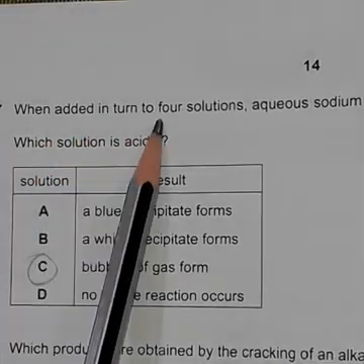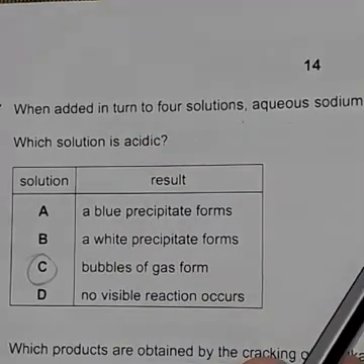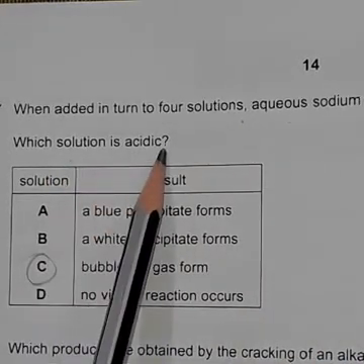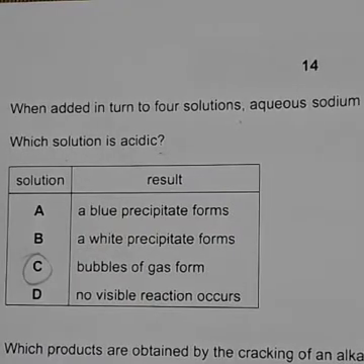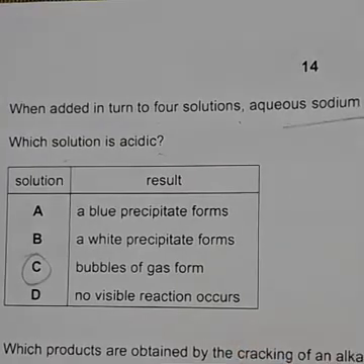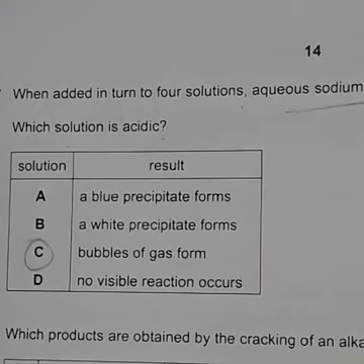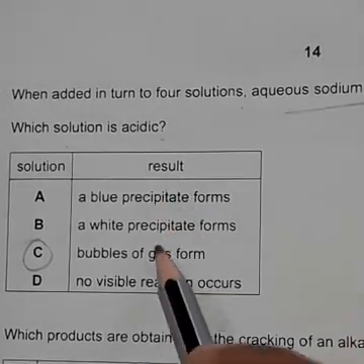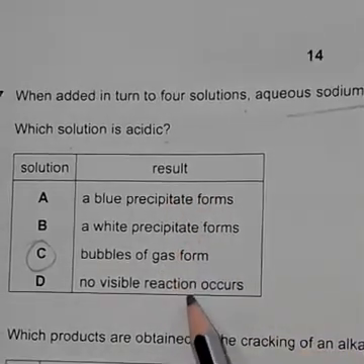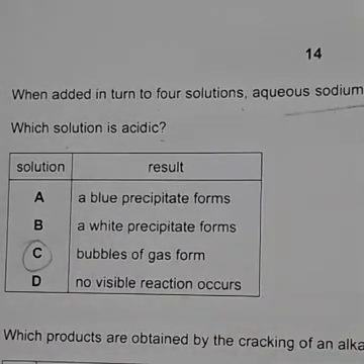When added in turn to 4 solutions, aqueous sodium carbonate gives the following results. Which solution is acidic? The question says aqueous sodium carbonate is added to 4 different solutions. These are the 4 different observations after adding aqueous sodium carbonate to the 4 different solutions.